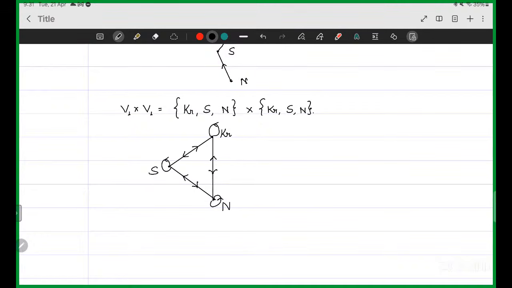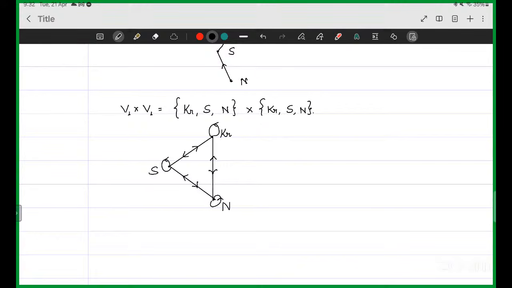The kind of graphs that we consider are not among these, because we have to avoid loops. You'll have elements of the form K R, K R, which is an edge starting at K R and ending at K R, which means it's a self loop. So this is V1 cross V1.